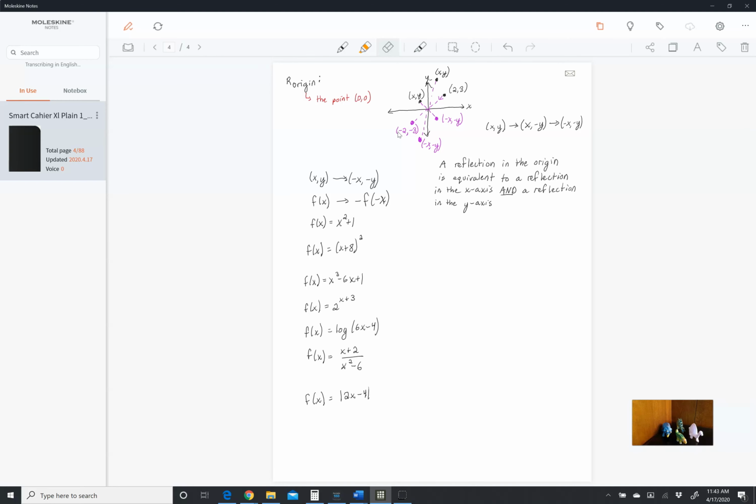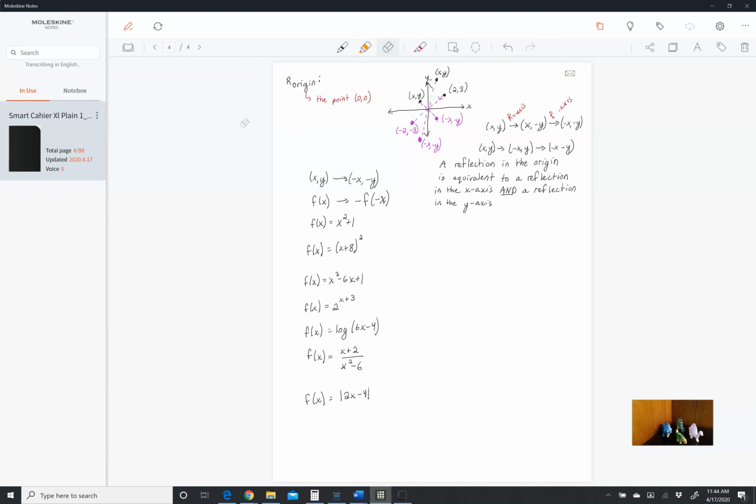Or we could take x comma y, reflect it in the y first to get negative x, y, and then take that point and reflect it in the x. We're saying it's the equivalent. So this was reflecting it in the x-axis, and then taking that and reflecting in the y-axis.